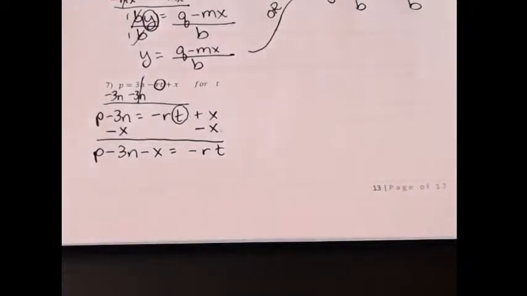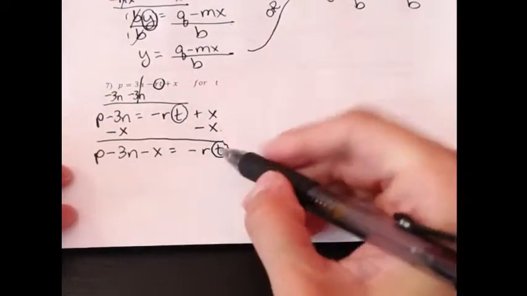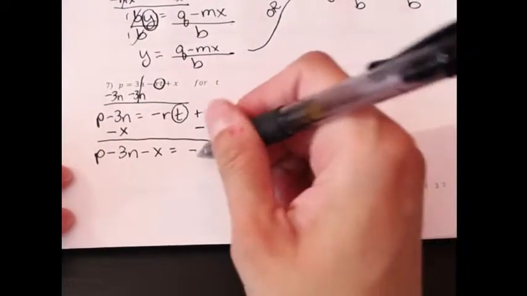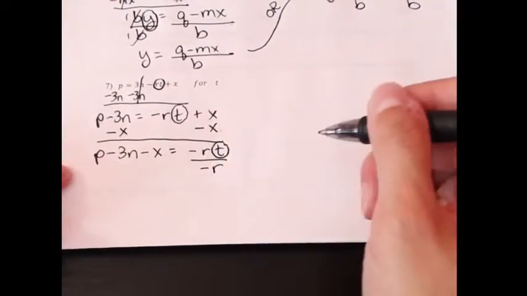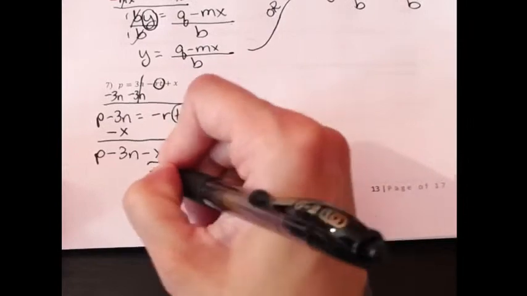So because our focus is to get t by itself, recognize that it is attached to negative r by multiplication. So if I want t alone, I'm going to have to get rid of this negative r by dividing it. We can divide every term all at once by negative r, or I can divide each term individually by negative r.